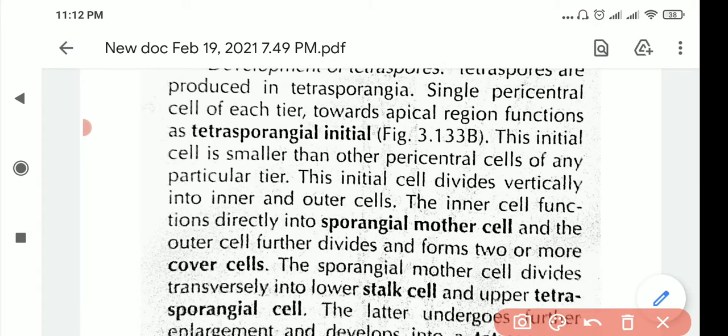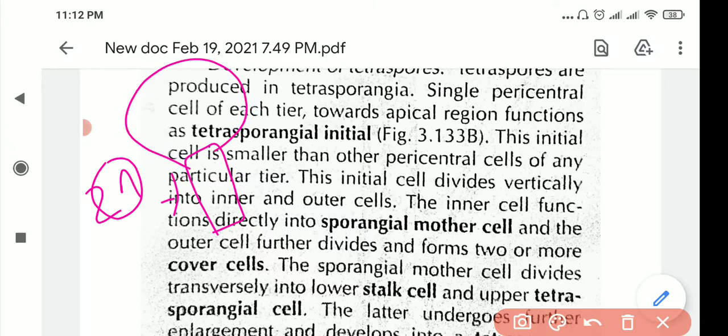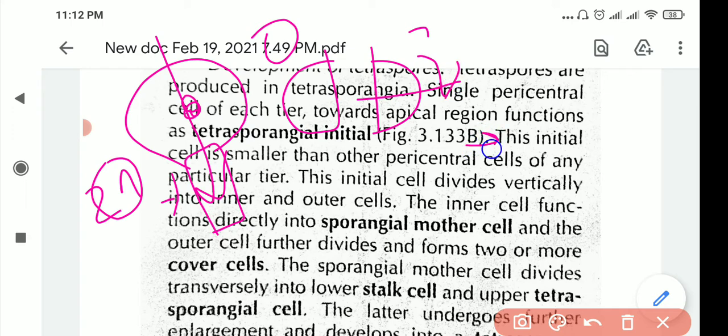You can draw that we started with a diploid carpospore, then this one germinates, and at the tip we will form a tetrasporangial initial. Then this one will divide like this, inner cell and outer cell. Then this inner cell will divide this way and will form a sporangial mother cell and stalk cell.